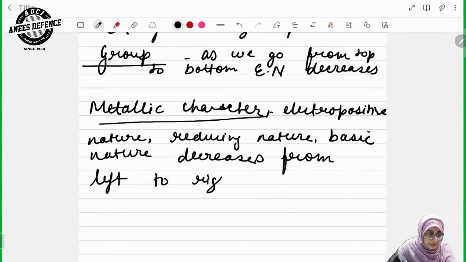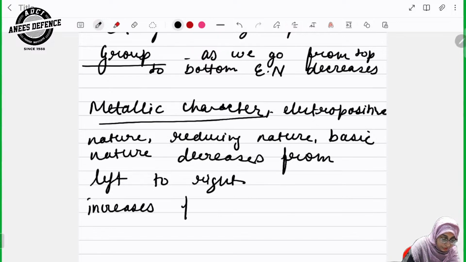Understand? Metallic character goes on decreasing as we move from left to right, and increases from top to bottom.